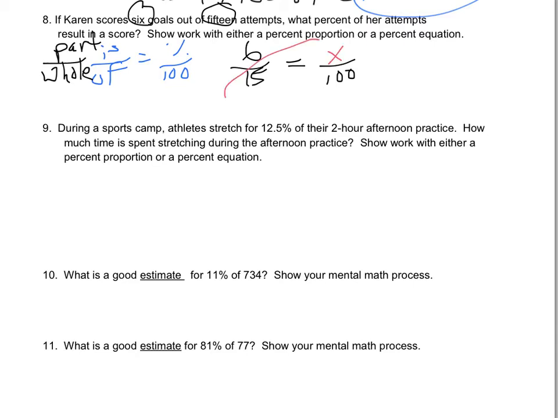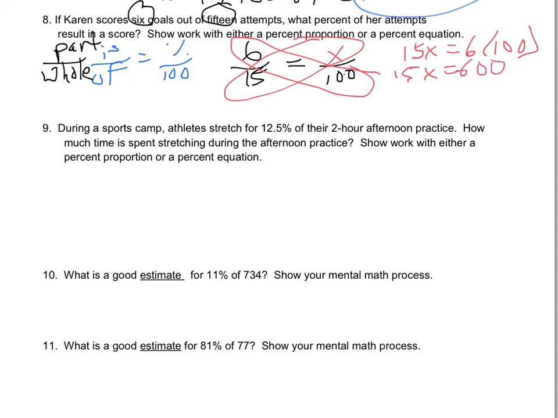Okay. So let's change our percent sign here to an X. Okay, so let's go ahead and do our cross multiplication. Our 15 times X equals 6 times 100. Okay, so 15 times X equals 600. Okay, we want to get X by itself, so we're going to divide both sides by 15.